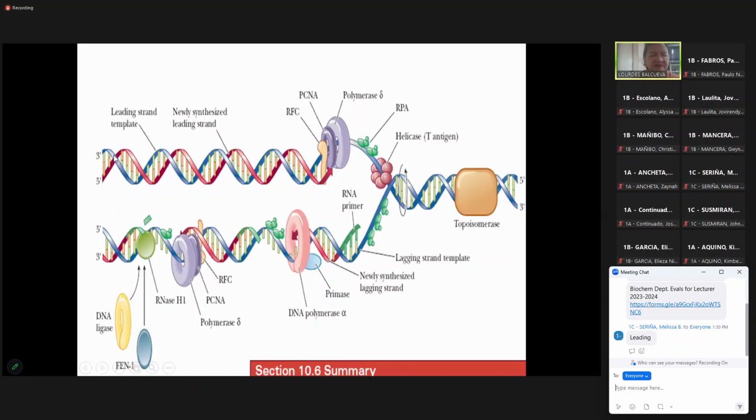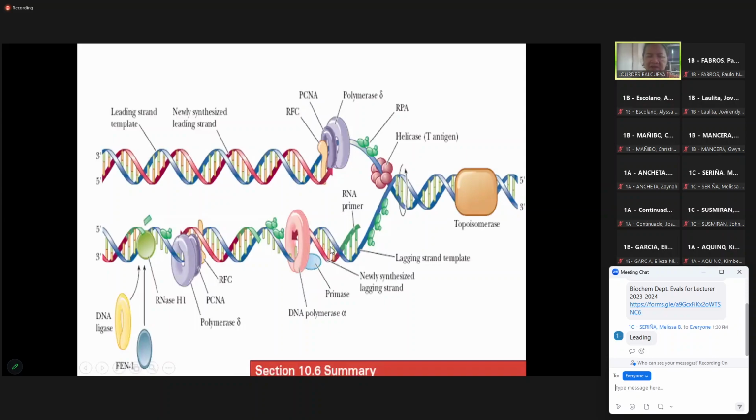So, after 10 RNA molecules, then DNA follows. The first enzyme that is responsible for the synthesis of the RNAs in the initiation is called the primase. Primase in both. So, each Okazaki fragment, meron din siyang primase, umpisa, and RNAs muna yan.